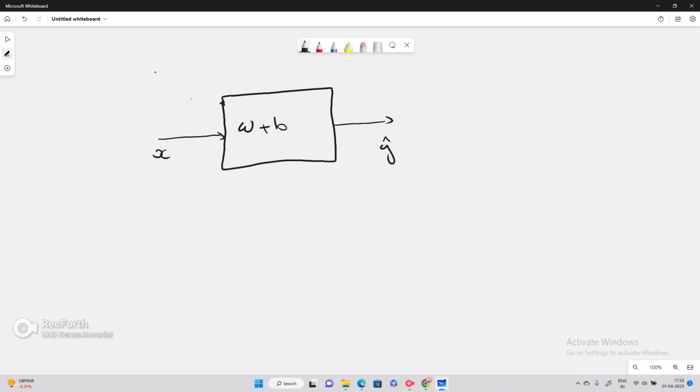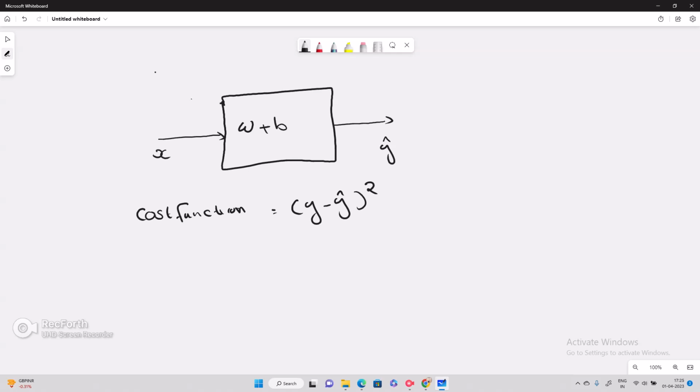And after that, we will calculate the cost function, right? That is what usually happens. Here we will be using a squared error, that is y minus y hat all squared. So this is our cost function.